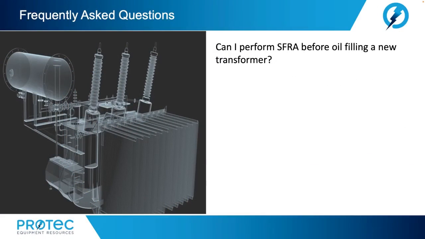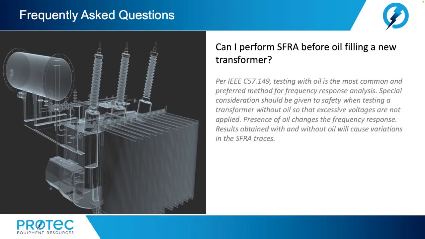Can I perform SFRA before oil filling a new transformer? Per IEEE C57.149, testing with oil is the most common and preferred method for frequency response analysis. Special consideration should be given to safety when testing a transformer without oil so that excessive voltages are not applied.